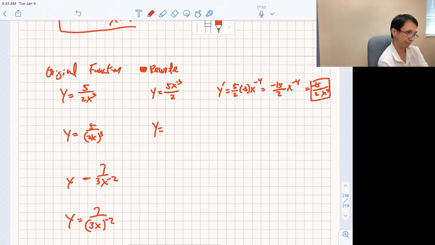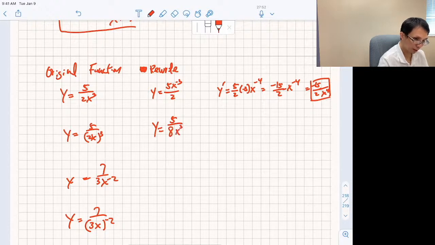You get 2x to the negative third power, right? So remember, you need to move to the numerator, right? So before I do that, I'm going to expand this. That's going to be 2 to the third power is 8, x to the third. And then I'm going to move it to the top, 5 over 8, x to the negative 3.